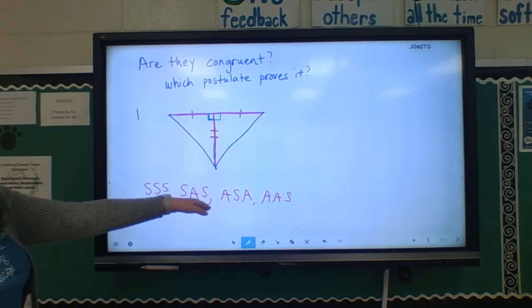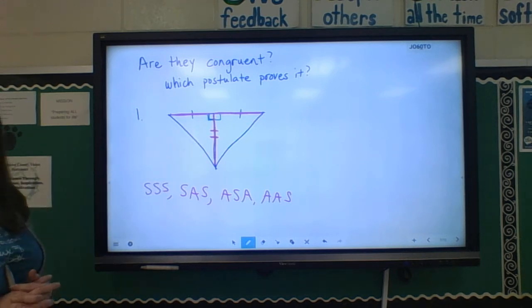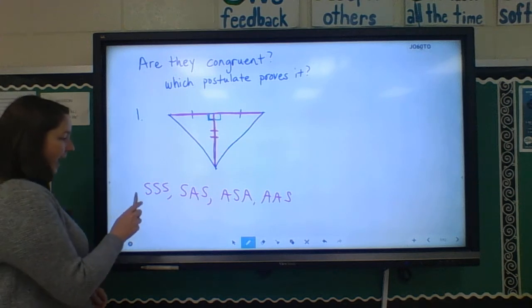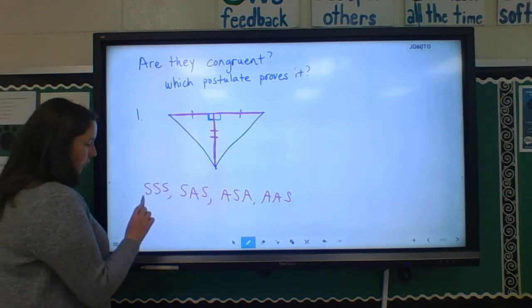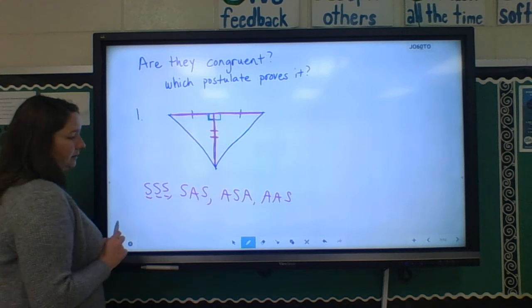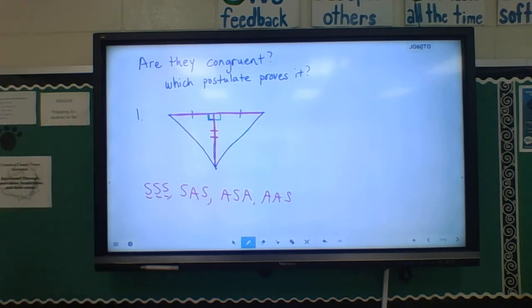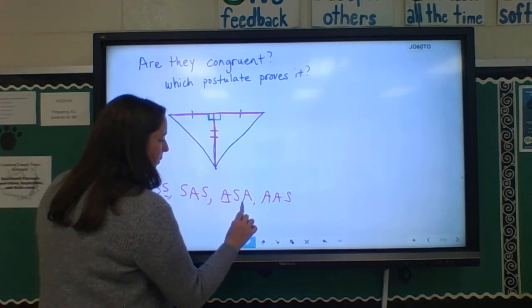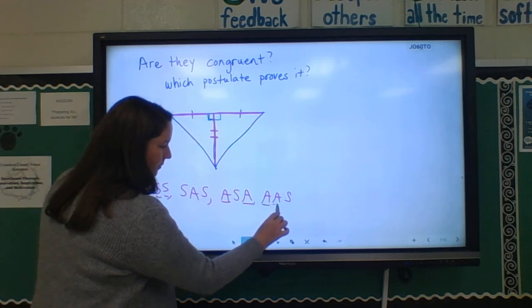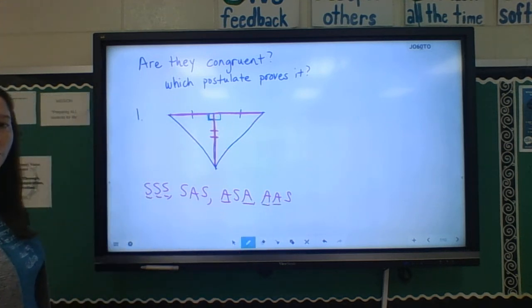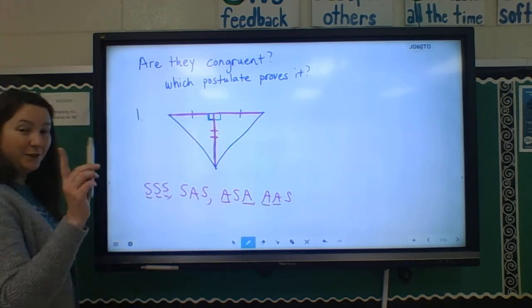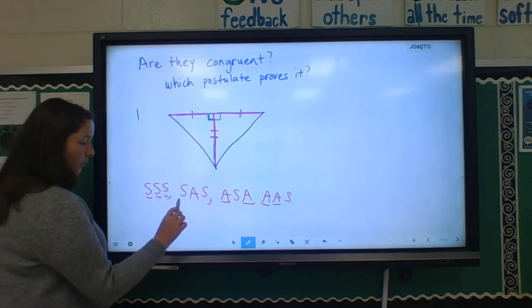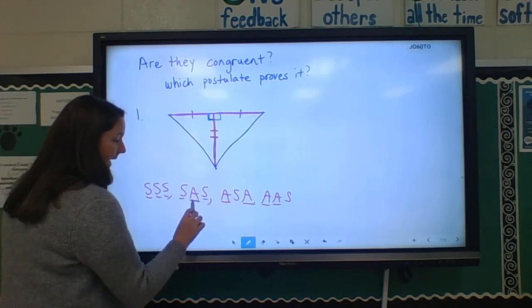So which postulate proves that these triangles are congruent? Well, do I have markings on all 3 sides? No. Do I have markings on 2 angles? No. But I do have markings on 2 sides and an angle.